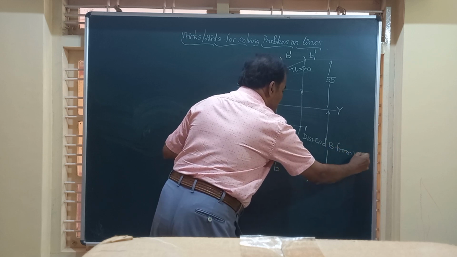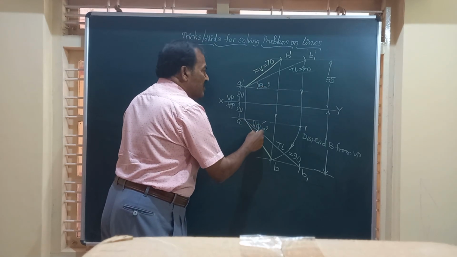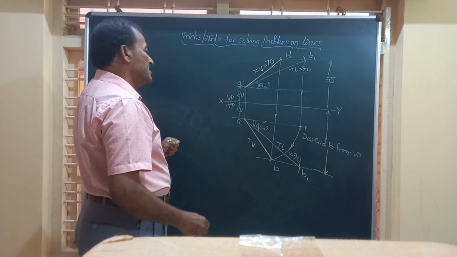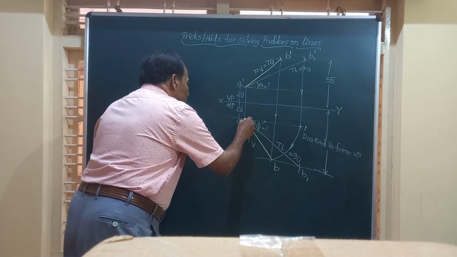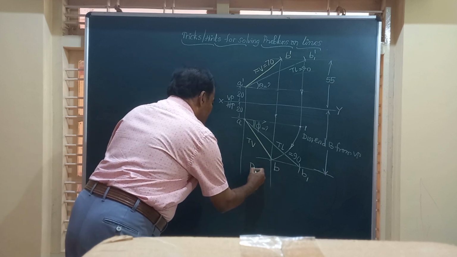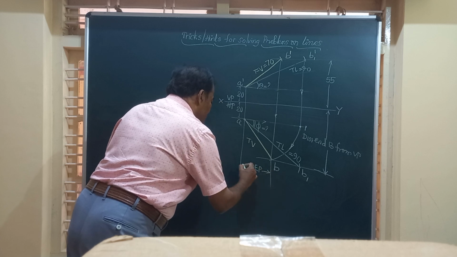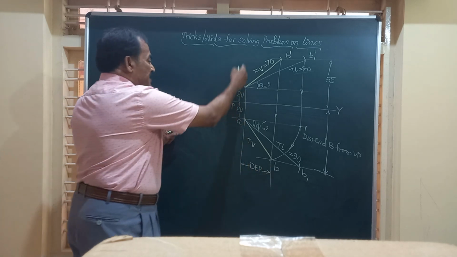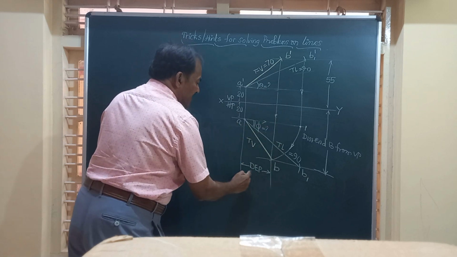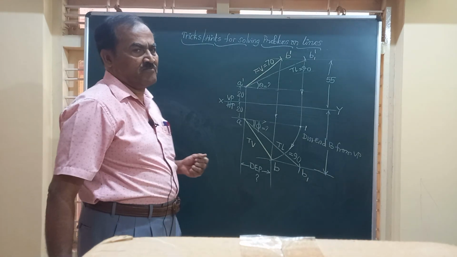That is the first part. They can ask you theta and phi, which are very important. And finally, they might even ask you to measure the distance between end projectors, DEP, that is the distance between the lines A dash A and B dash B measured parallel to X. So these are the things that can be asked in the question.